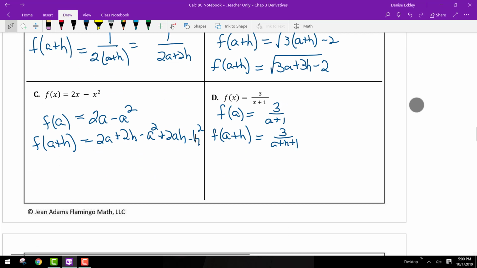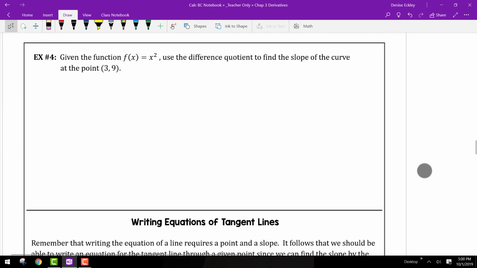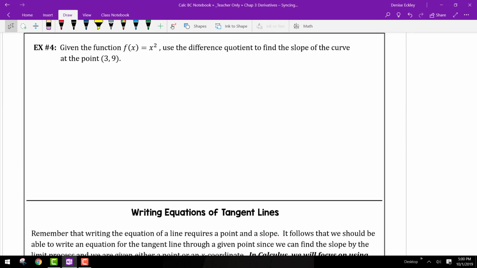Okay, so I'm going to finish the first part of this by doing number 4. So we're going to go through the whole thing. So we're asked here, given the function y equals f of x, use the difference quotient to find the slope of the curve at the point 3, 9. So with that point, here's what we know.